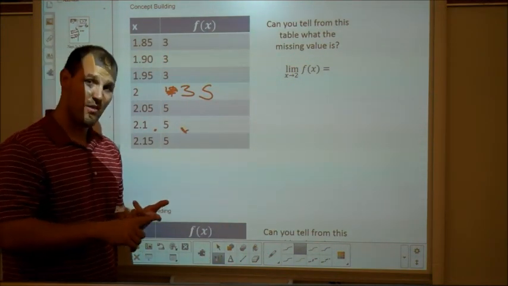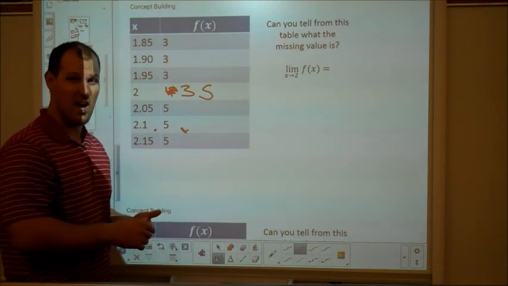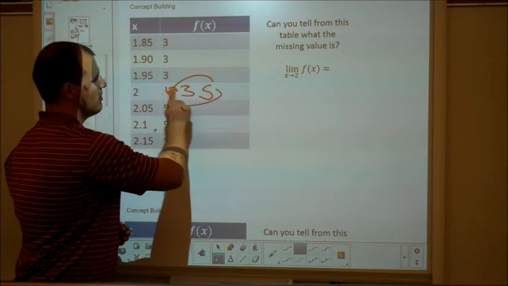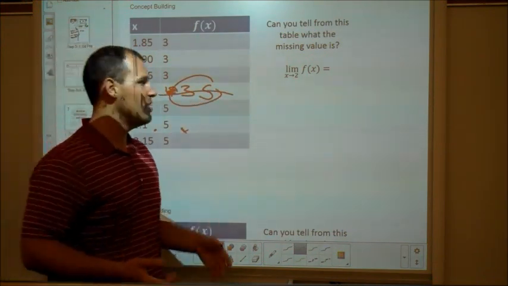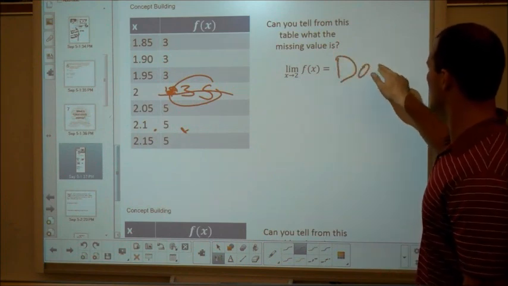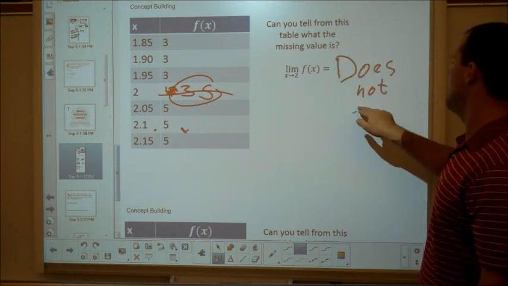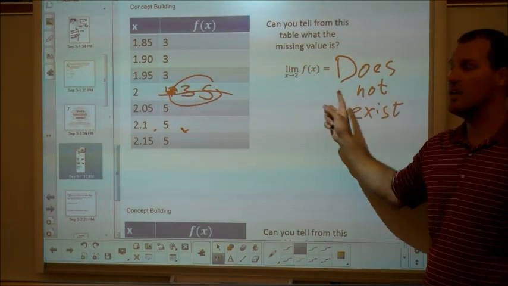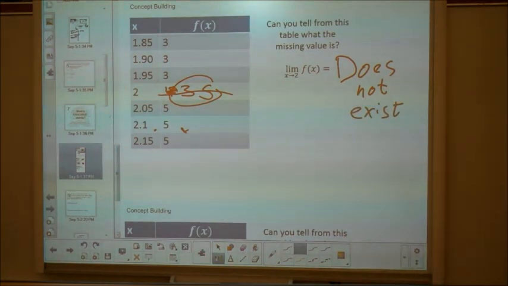So do we average them? Or maybe it's 35? Or no, if we can't agree, if the patterns don't agree, then it's nothing at all. And what we say in that case, yes, from the movie Mean Girls, we say it does not exist. The limit as x approaches 2 of f of x does not exist.